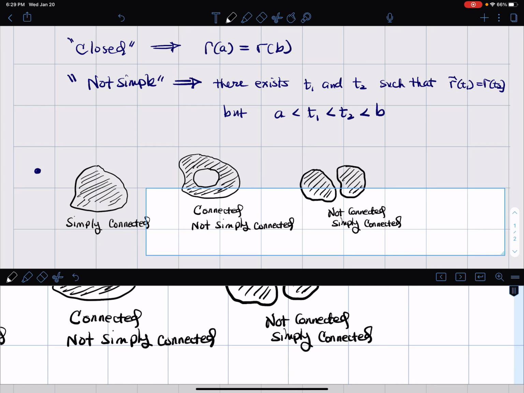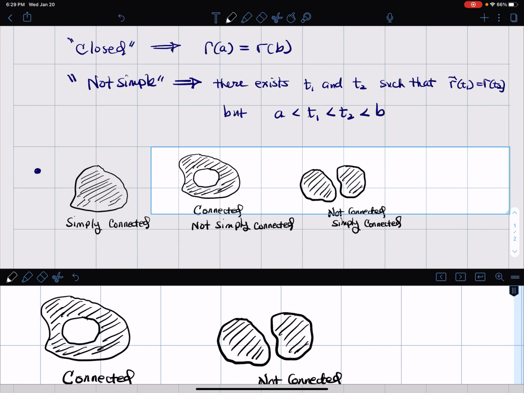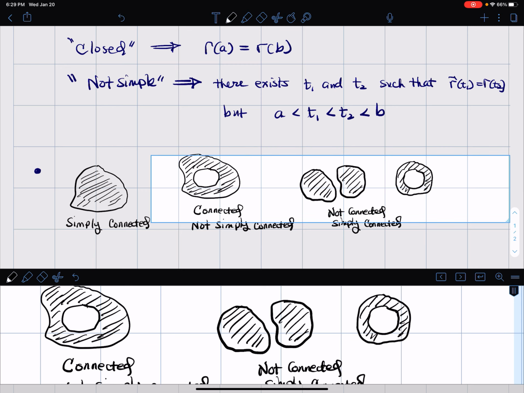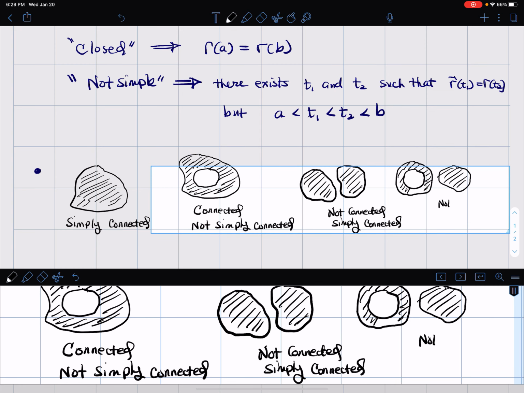Okay. Now, let's look at this region. This is a region made up of another two regions. This region is not connected and is not simply connected.